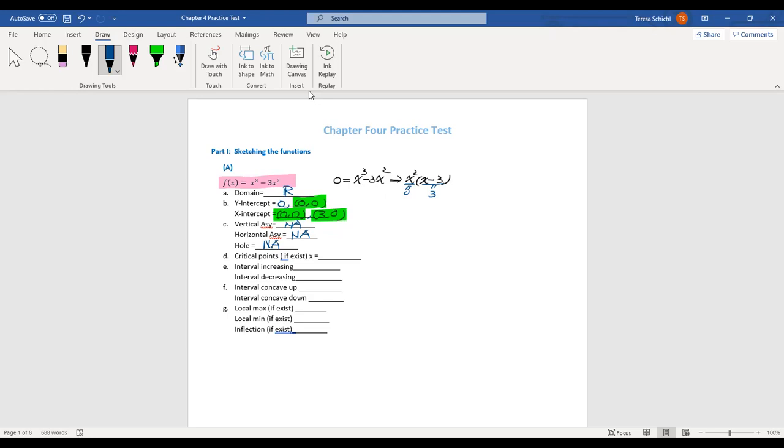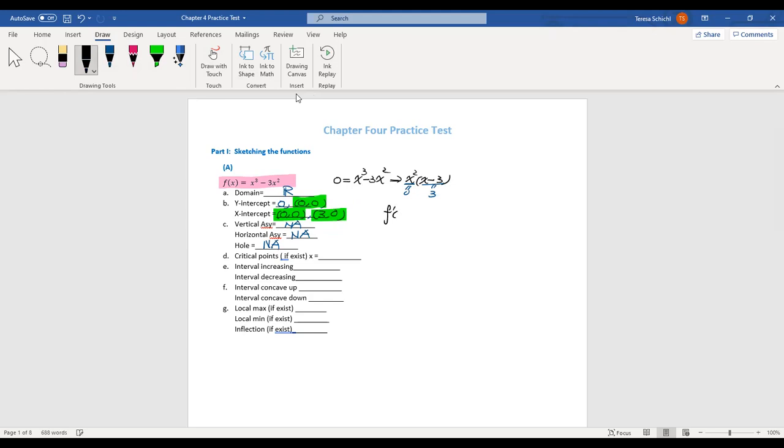All right. Now the next thing here is the critical points. How do we find the critical points? The critical points are where f prime x equals 0.